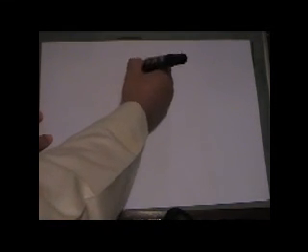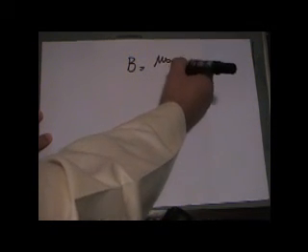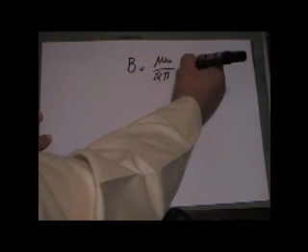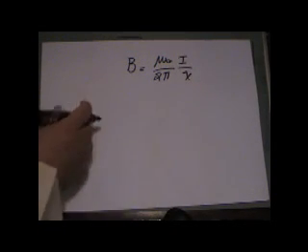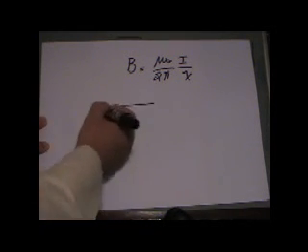But what we came out with from that is a very important formula, which we used a lot, the famous one: B equals mu naught over 2 pi times I over x. If you recall, this is the field due to a wire.